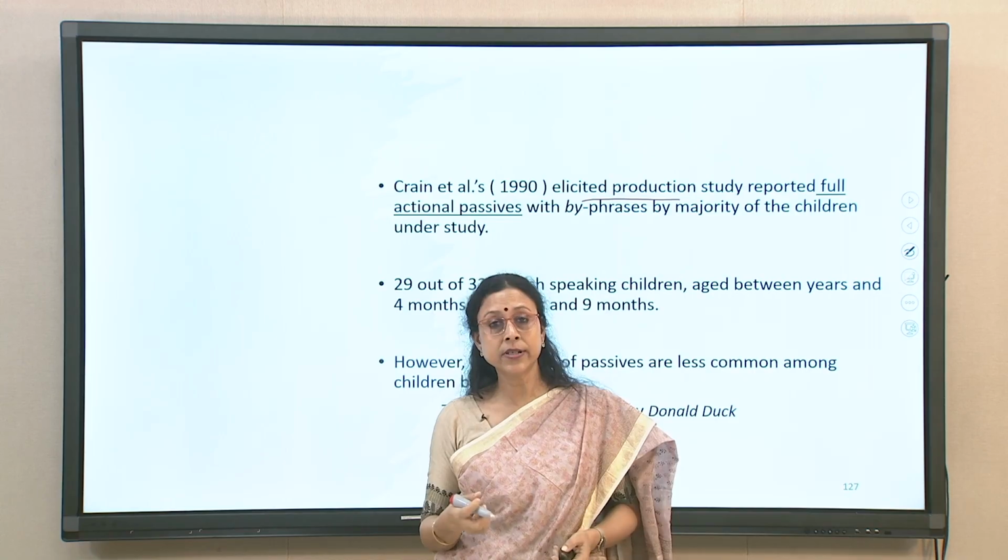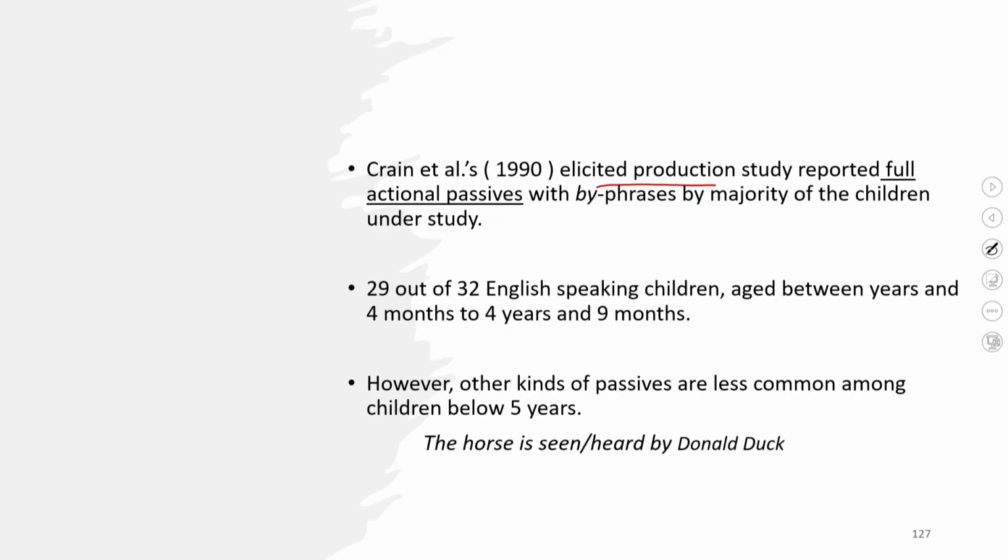Out of them 29 could produce the by structure in case of an actional passive. So, for example, the horse is seen by Donald Duck, the horse is heard by Donald Duck. However, other kinds of passives are less common among children below 5 years. So, actional passives are learned before the others.